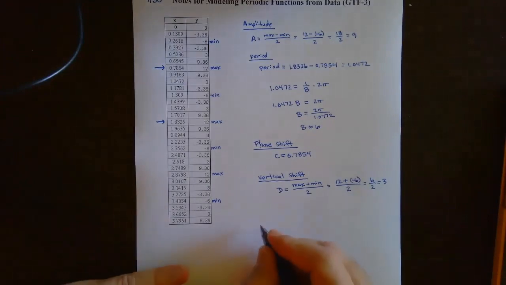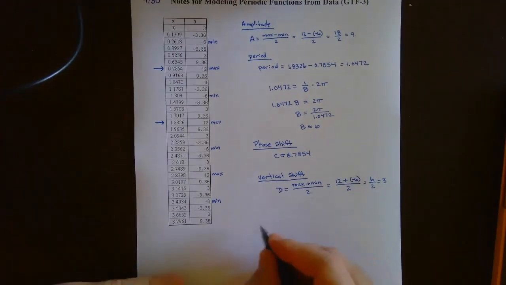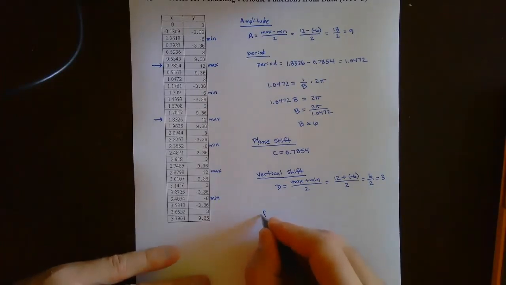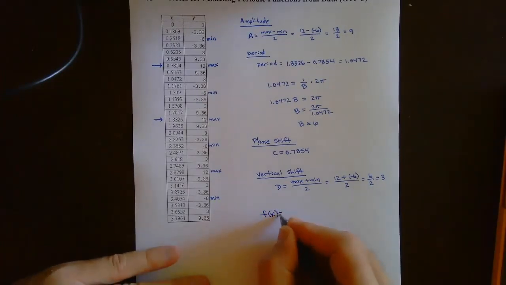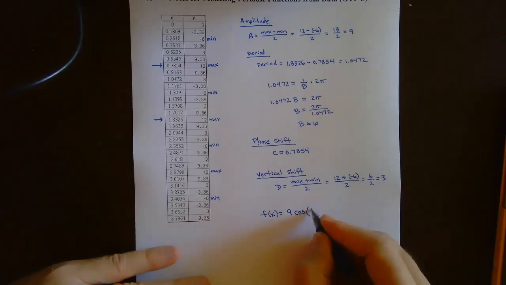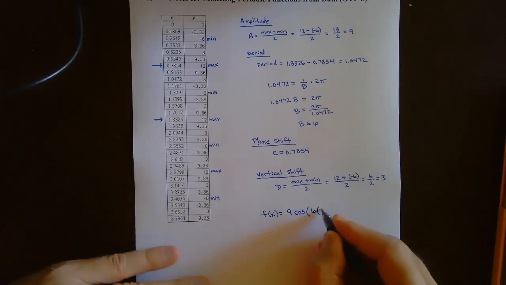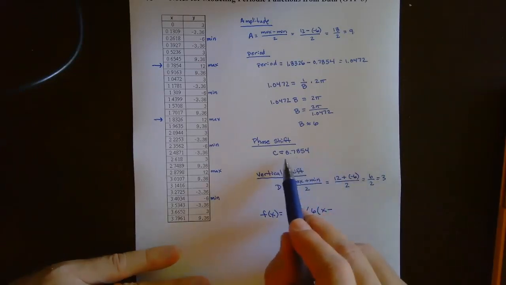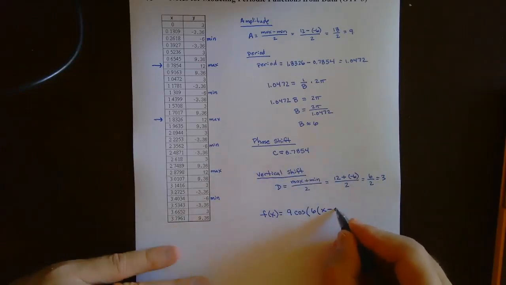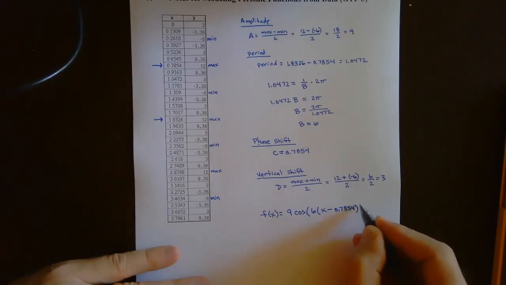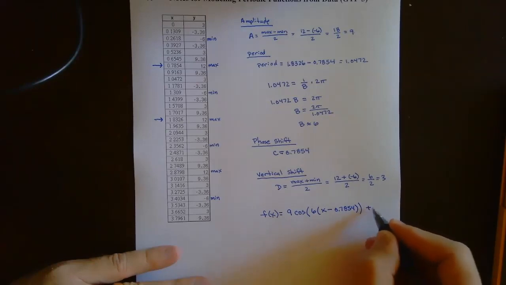Let's write our function, okay? So I'm going to write f of x this time. Yesterday I was writing y. You can write y, it's okay. But I'm just going to use f of x is equal to 9 times cosine, parenthesis, our b, which is 6, parenthesis, x minus the shift to the right, which is 0.7854, close the parenthesis, and then plus 3.